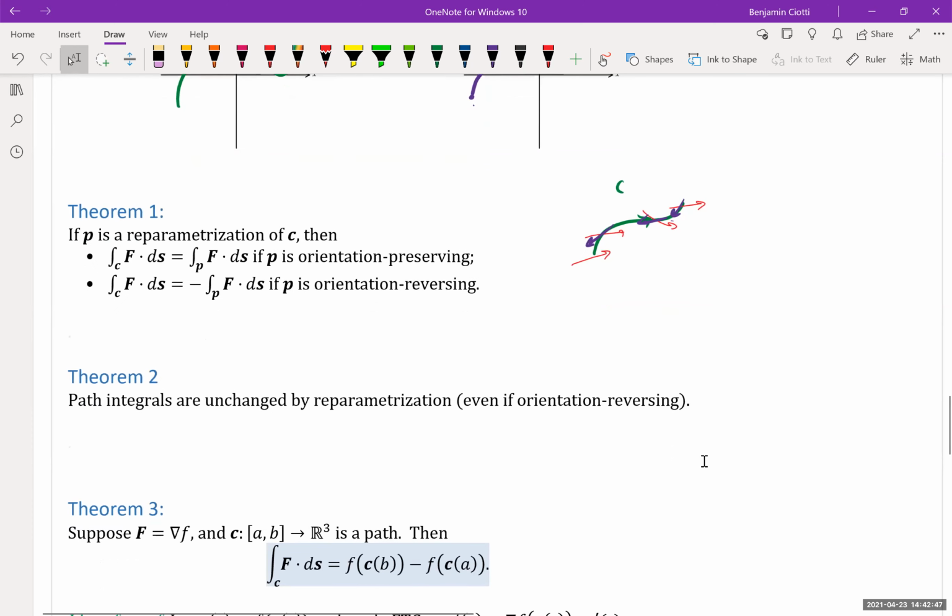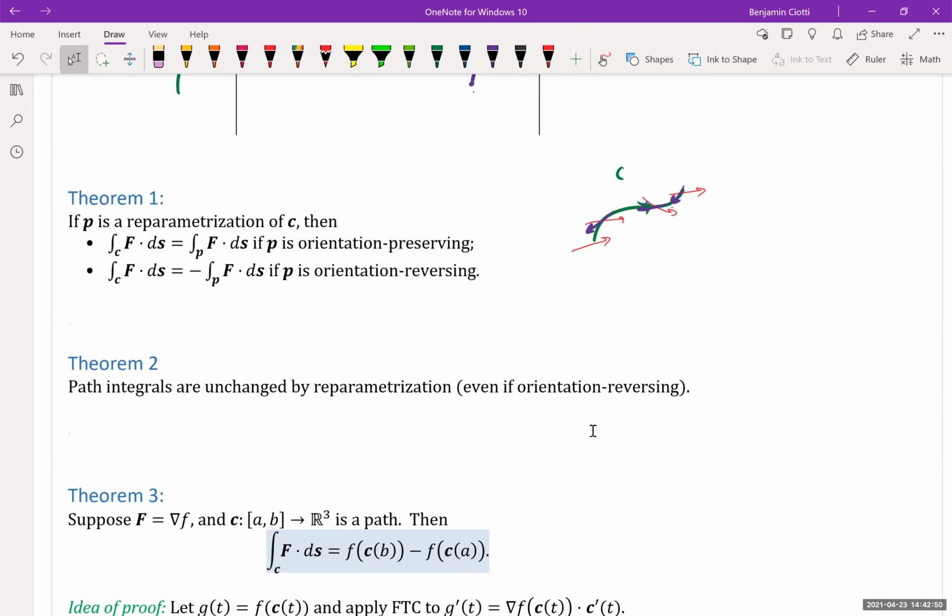Finally, we've got a related theorem, which is of a somewhat different character. So this is an important theorem, which you probably heard about in physics. Suppose that we have some vector field that's a gradient, right? This was a special type of vector field that was equal to the gradient of some scalar function.